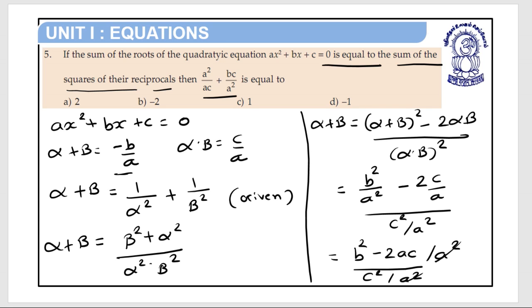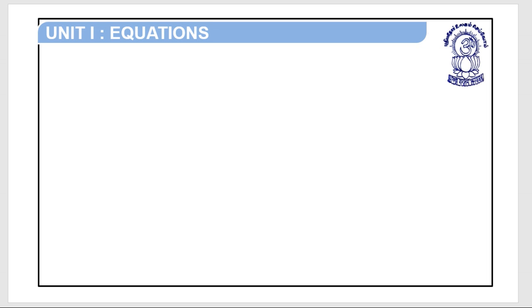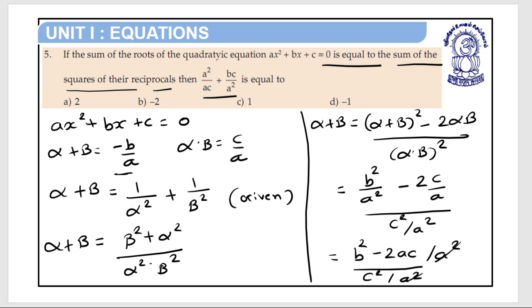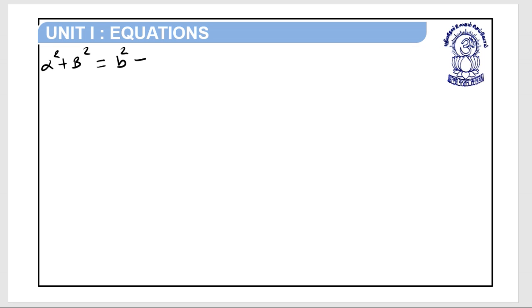A square cancels. So alpha square plus beta square is b square minus 2ac upon c square.